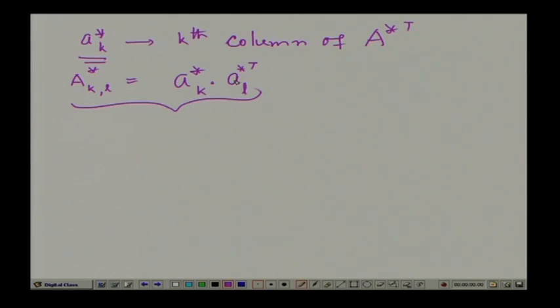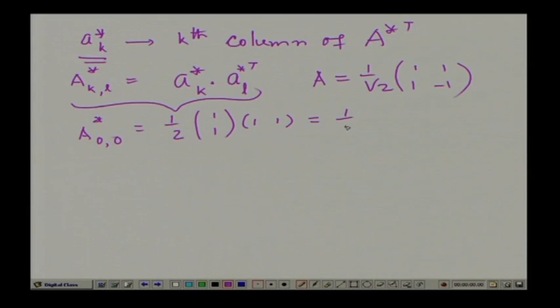Using the same concept in this particular example, where the transformation matrix A is 1 upon root 2 1 1 1 minus 1, I can compute the basis images. A 0 0 star, the 0th basis image, will be simply half into the basis vectors 1 1 and 1 1 transpose, which is half into 1 1 1 1.